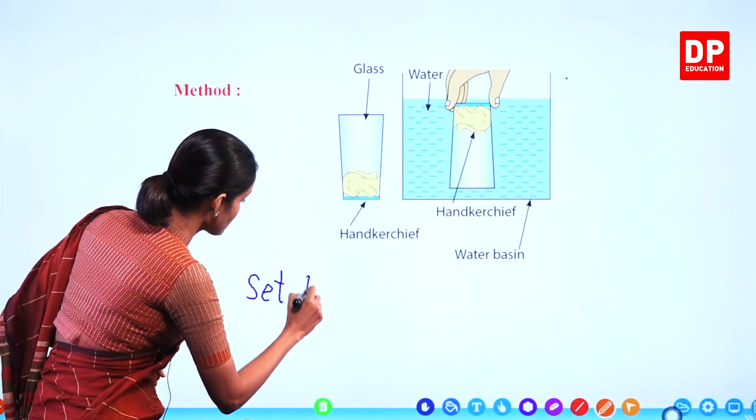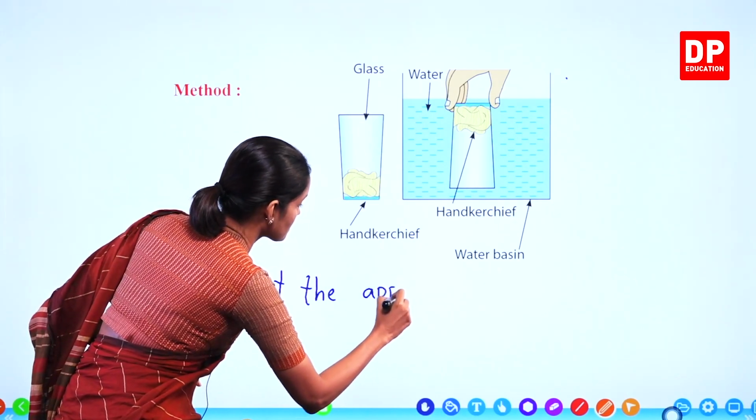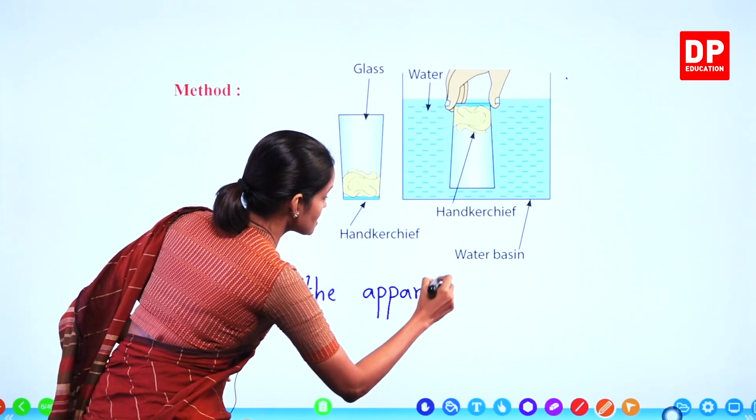Set the apparatus. Apparatus means setup.